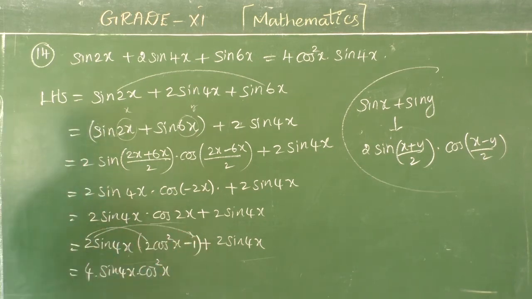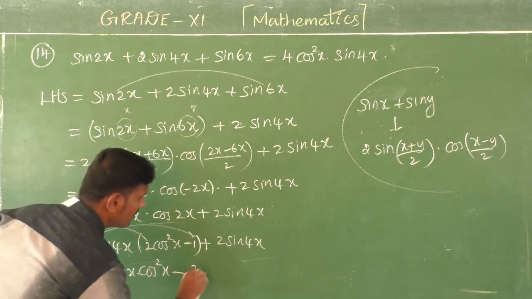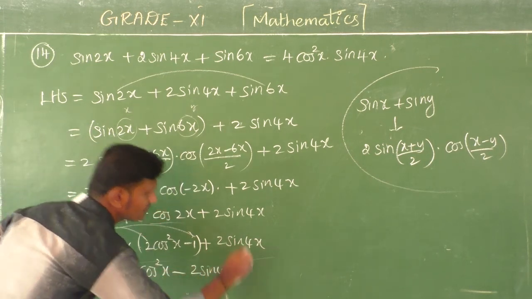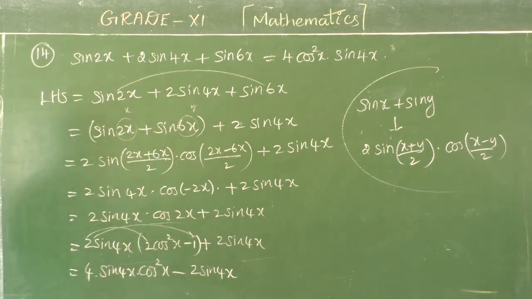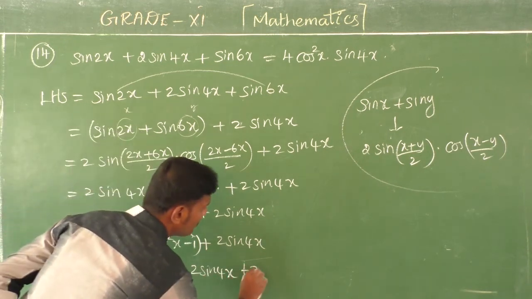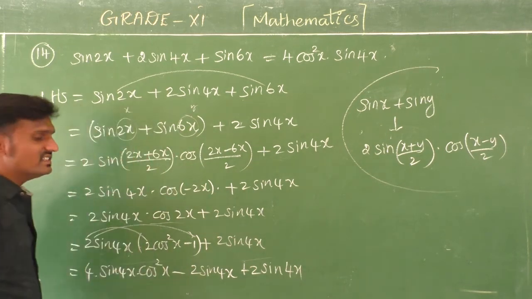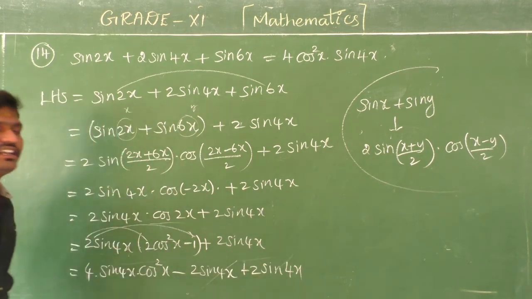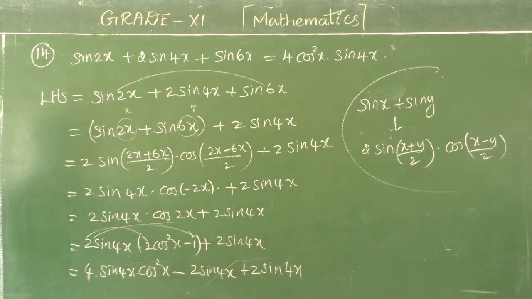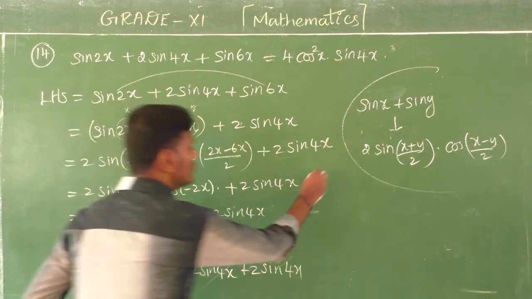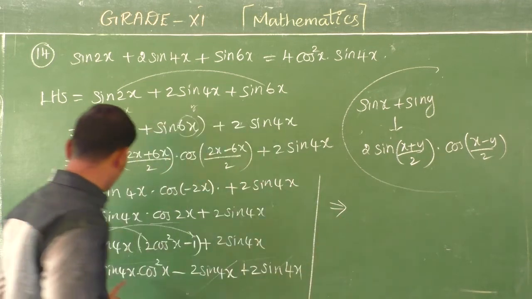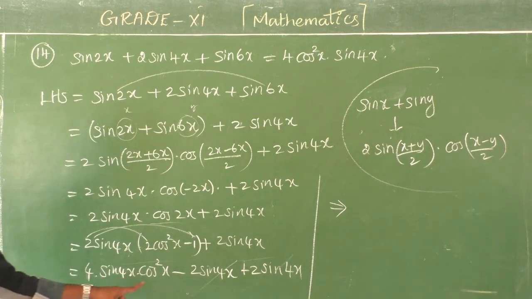And multiplying by minus 1 gives minus 2 sin 4x. And you have one more term, plus 2 sin 4x. Listen carefully: plus 2 sin 4x minus 2 sin 4x cancels. So the final term is 4 sin 4x into cos square x.